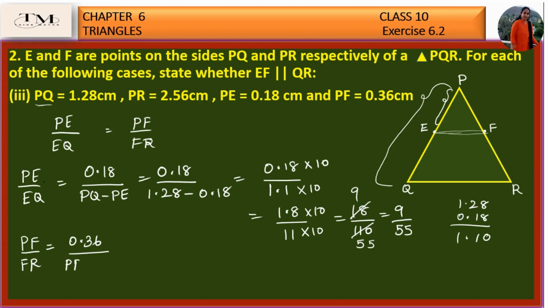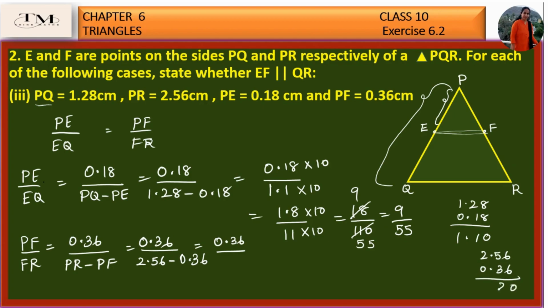So PR minus PF. 0.36. What is PR? PR is nothing but 2.56 minus what is PF? It is 0.36. So 0.36 divided by, if you subtract 2.56 and 0.36, 6 minus 6, 0, 5 minus 3, 2, 2.20.